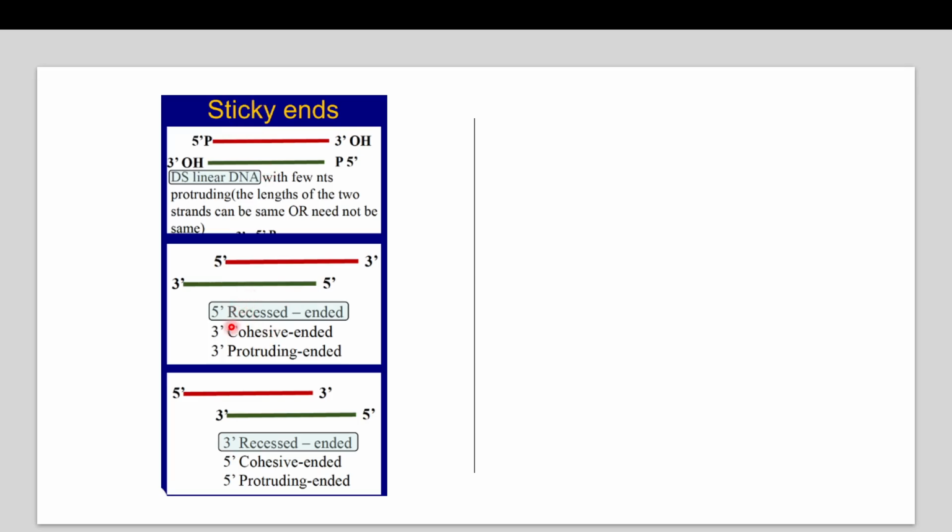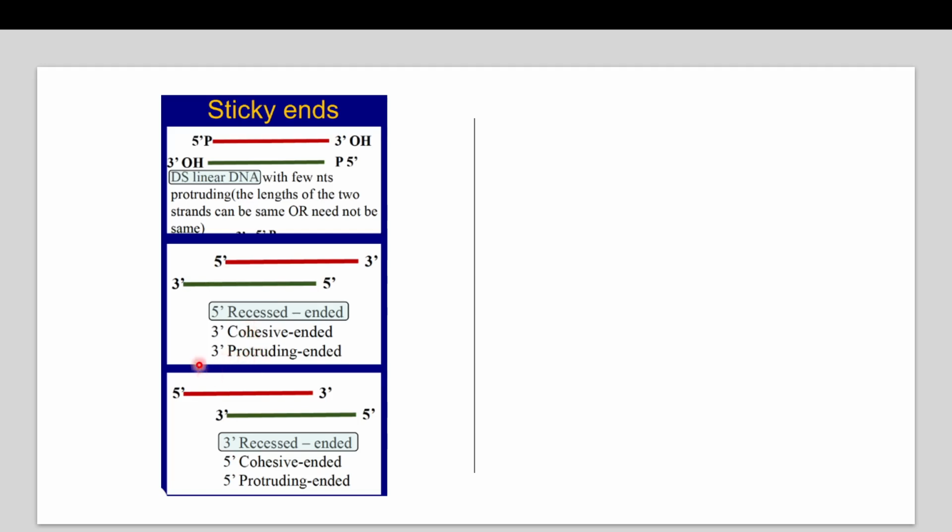So it can either produce a 3' cohesive ended DNA, which means some more nucleotides can add over here, right?